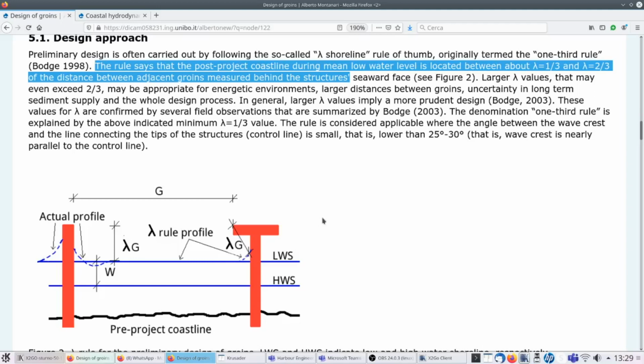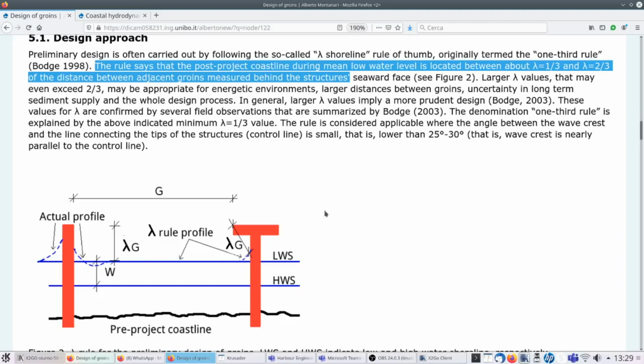So this is an indication of how it may evolve. Soon after the groin, you are expected to get a beach pocket and some erosion of the beach, and then as you get some distance from the groin, the low water shoreline stabilizes to the continuous blue line.